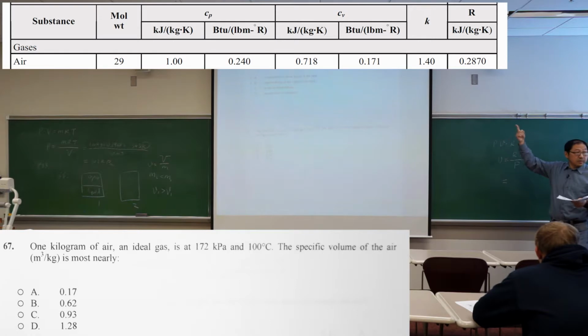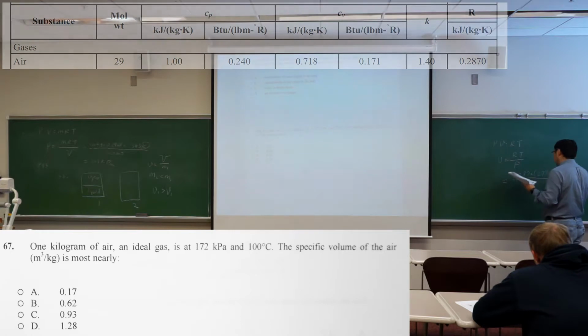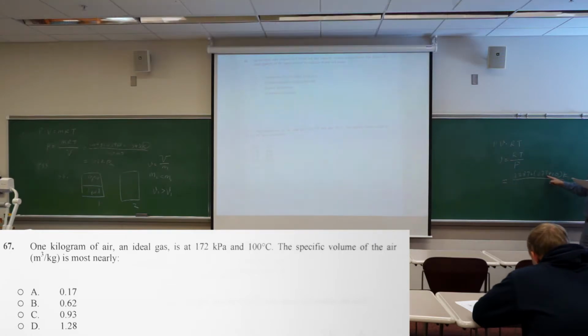Yeah, that handbook, property table, find the gas constant. And then next, you need to make sure the temperature is in Kelvin, so you need to convert degrees Celsius into Kelvin by adding 273. And this one, the pressure is already in kilopascal, so you do not need to worry about the pressure. And go through this calculation.